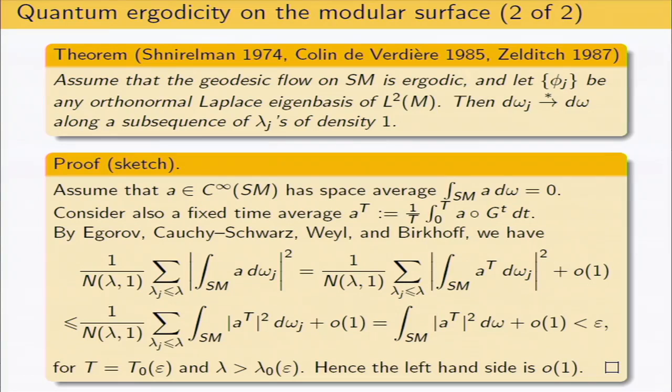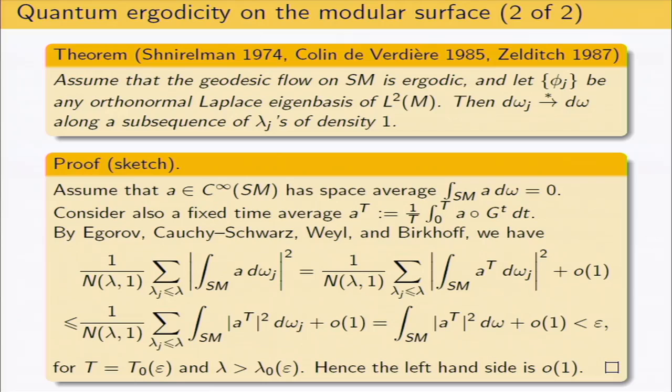And then we simply apply Cauchy-Schwarz. And then we can apply the Weyl law for this sum and get that these integrals in Cesàro mean tend to the space average of the time average symbol.